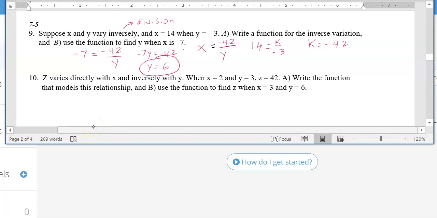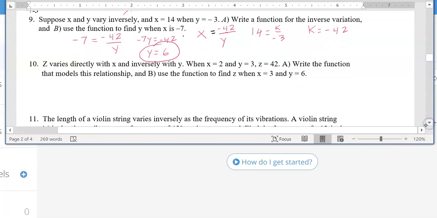Okay, number 10. Z varies directly with x and inversely with y. So this is an example of combined variation. So putting this in math terms, varies directly with x would be multiplication, and varies inversely with y would be division.